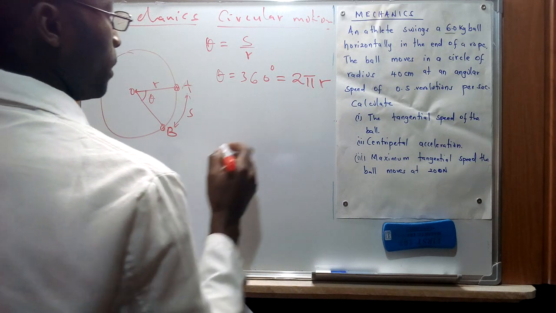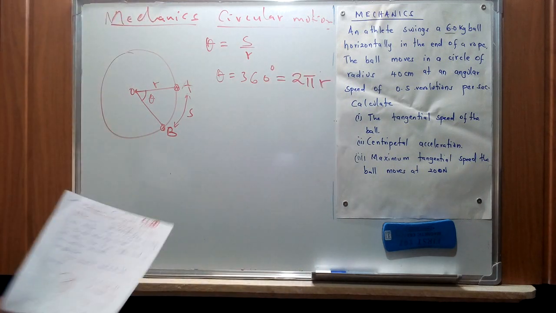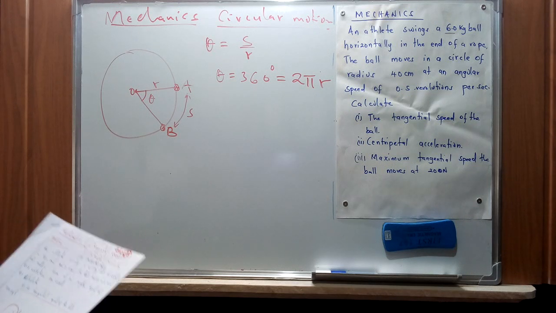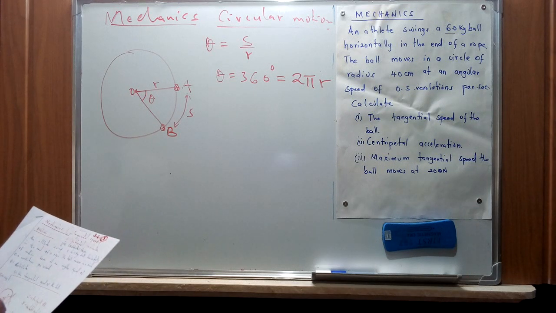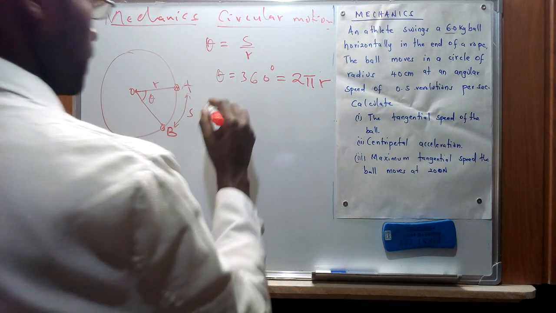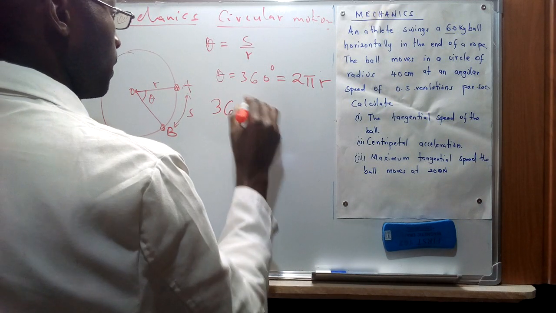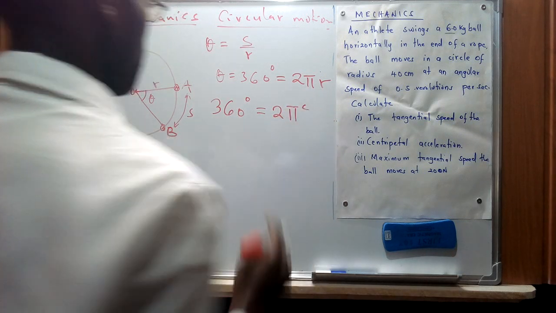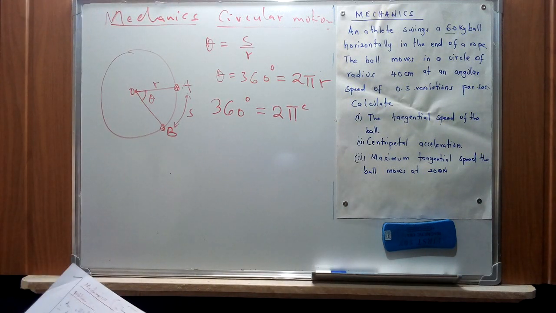Looking at the relationship between these two, we can therefore say that 360 degrees equals 2 pi radians.